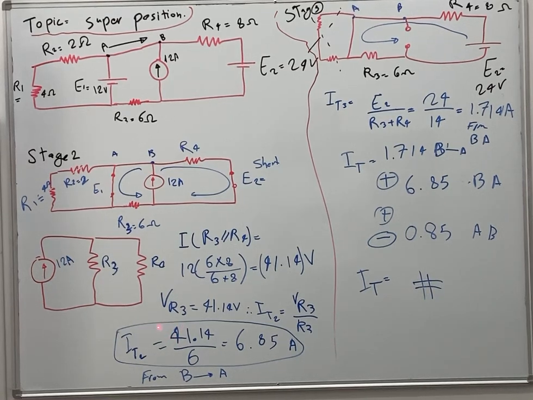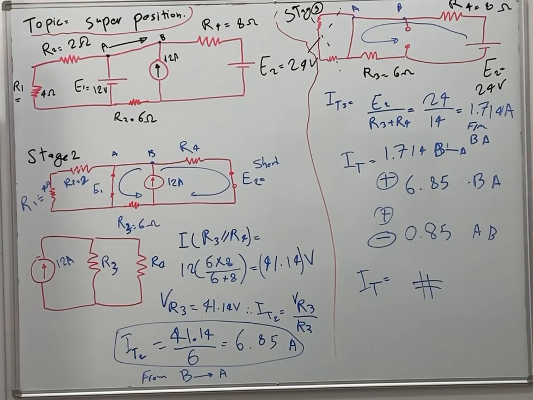So VR3 divided by R3: 41.14 divided by R3, which is 6 ohm. I call it I total 2, and it will be 6.85 ampere. So the current going through this resistance will be 6.85 from B to A. From this place you can understand it more, so it's going from here to here.